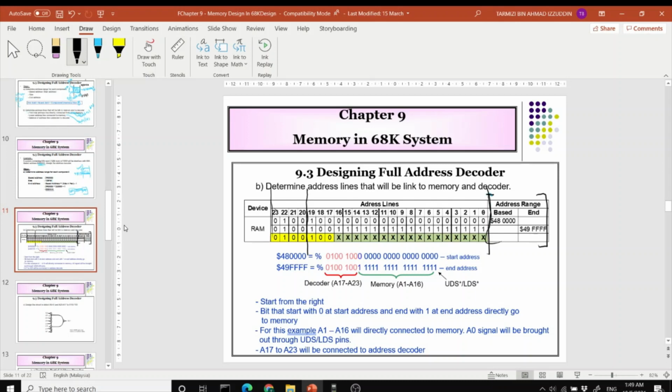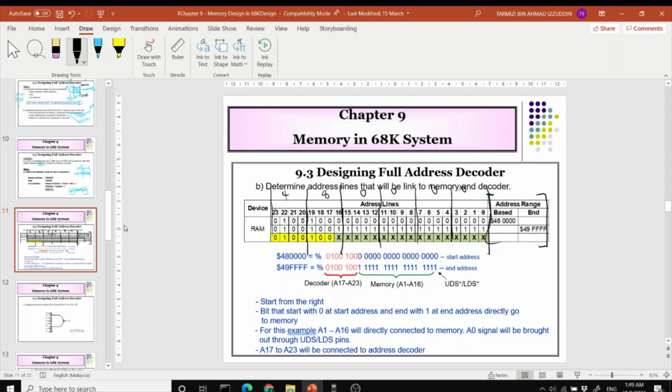The first number, 4, is this part, 0100. And address lines 16 to 19 is 8. All of the others are 0, 0, 0, 0.